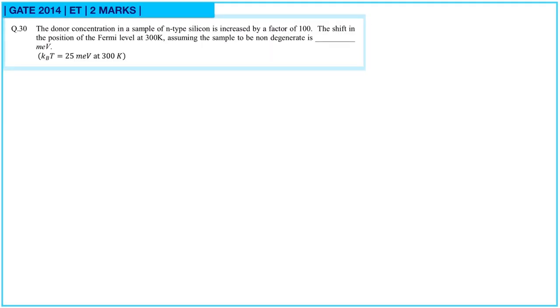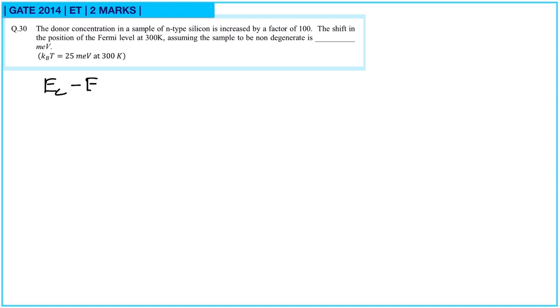Next question. The donor concentration in a sample of N-type silicon is increased by a factor of 100. The shift in the position of Fermi level at 300 Kelvin, assuming the sample to be non-degenerate, is. Here the value of Kb is given at 300 Kelvin.